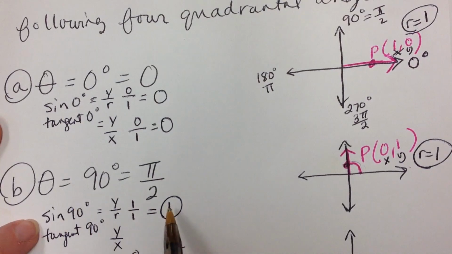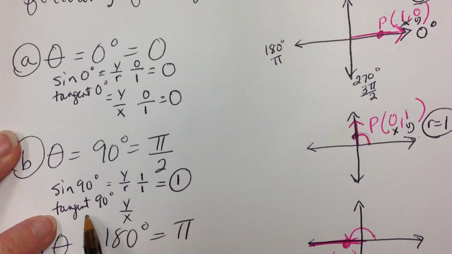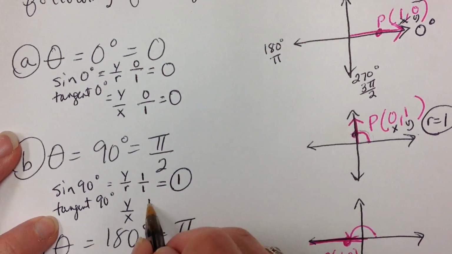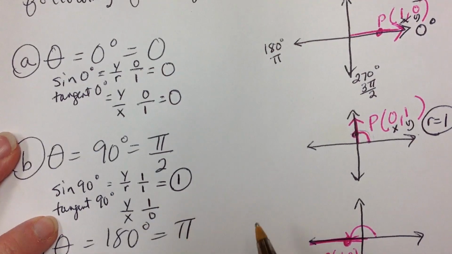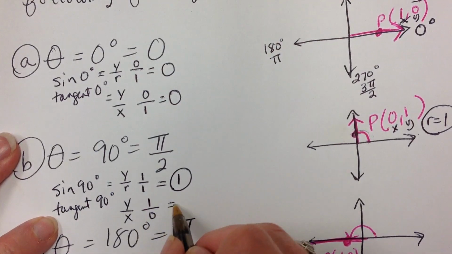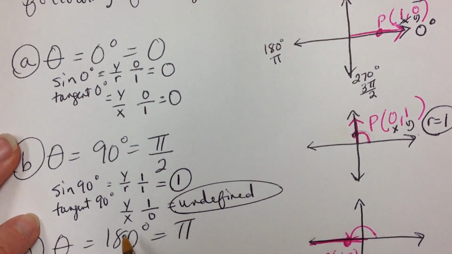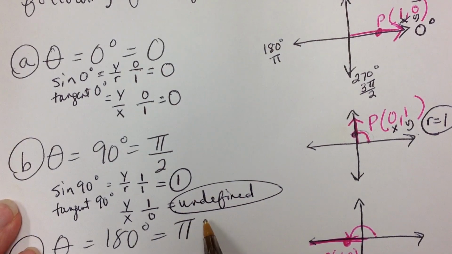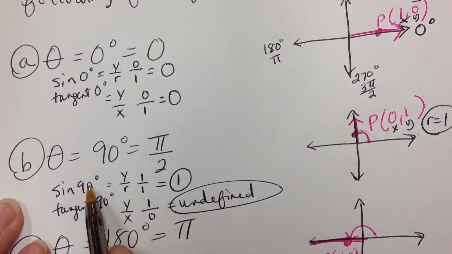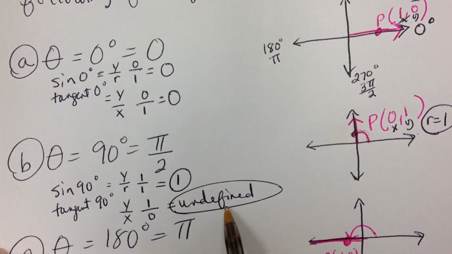So sine of 90 is 1. Tangent of 90, y, which is 1, over x is 0. When you have 0 in the denominator, your answer is undefined. So sine of 90 is 1, and tangent of 90 is undefined.